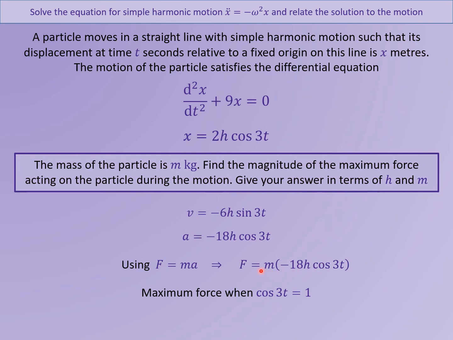Now the greatest value that this could be is when the cos 3t is itself at its maximum. Now the cos 3t's maximum, of course, is 1. So therefore the maximum force is just going to be minus 18 mh. So I could put that in, the maximum force is 18 mh or hm newtons. And the maximum force is going to be when it's at its maximum or when it's at its minimum point.